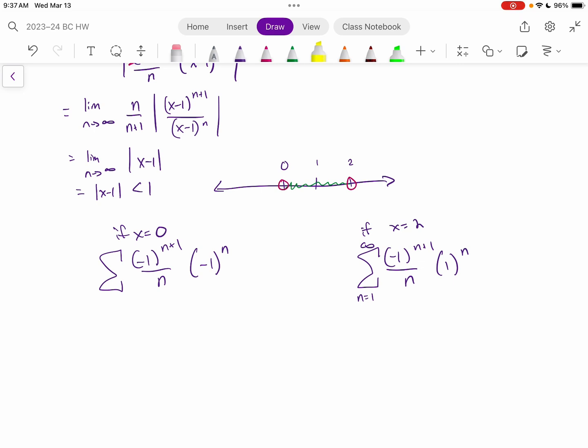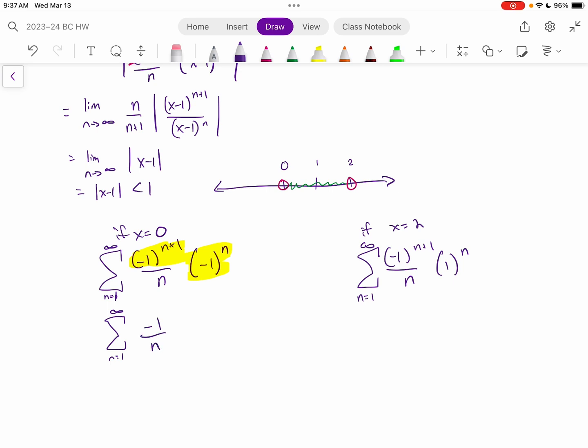Now, I'm going to claim that these highlighted pieces here have to be equal to negative 1. Have to. One of them is going to be negative, the other one's going to be positive. They have to equal negative 1. So this is going to end up being, oops, I forgot my bounds up here, negative 1 over n.